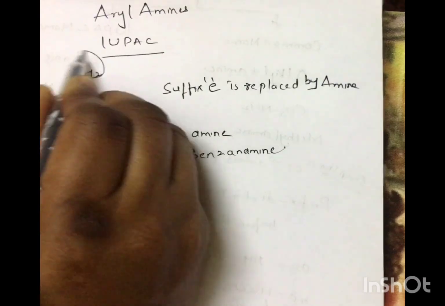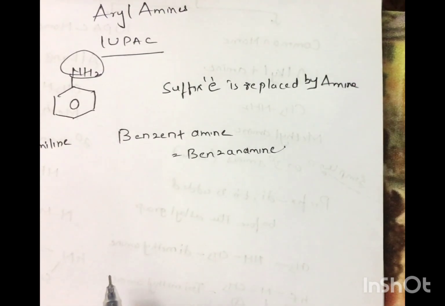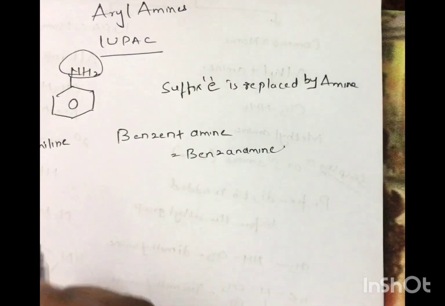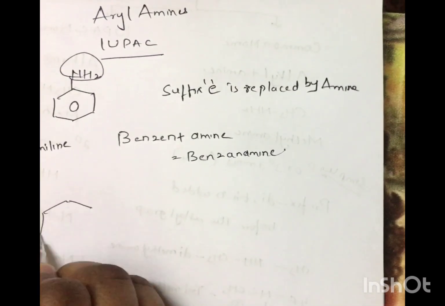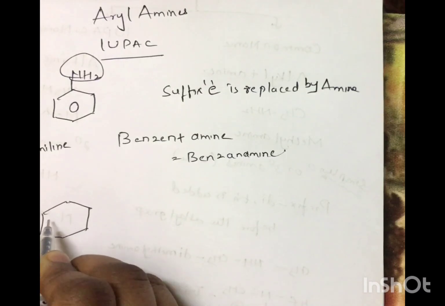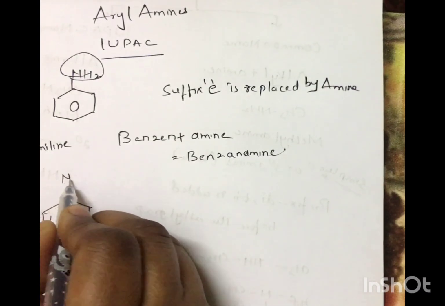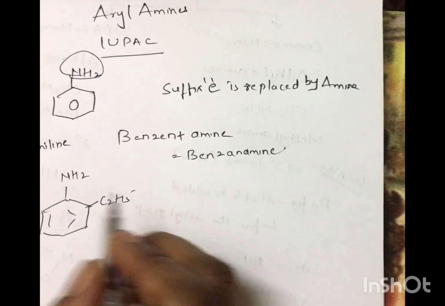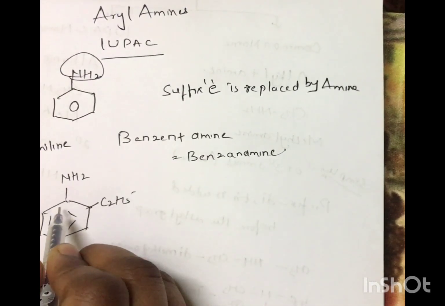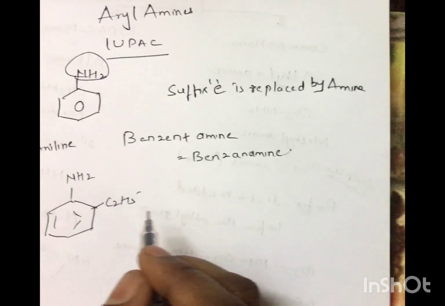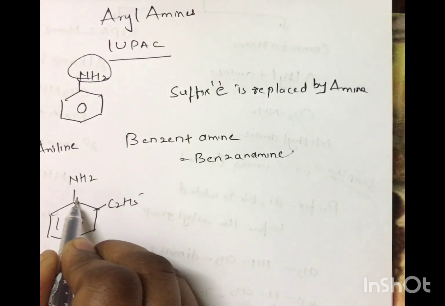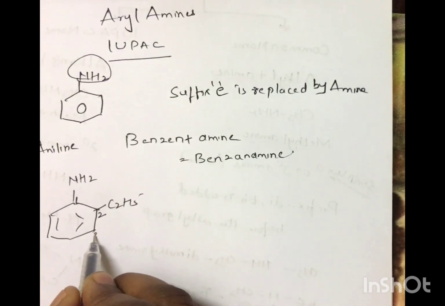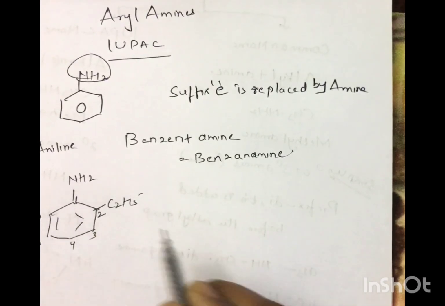When an NH2 group is present on the benzene ring, it can be called aniline or benzamine. If there is another group present on the benzene ring along with the amine, like an ethyl group, we start numbering from the carbon on which the amine is present as 1, and the substituent should get the least number, among 2, 3, 4, 5 and 6.